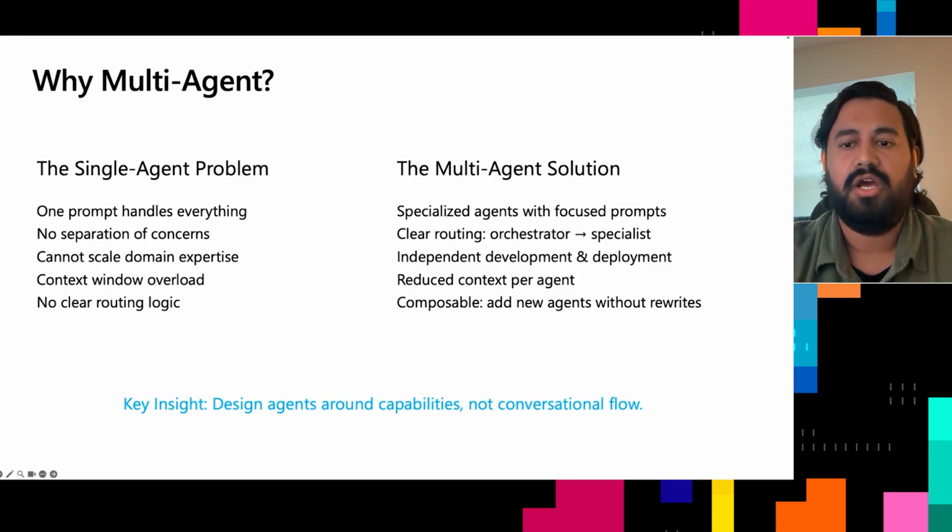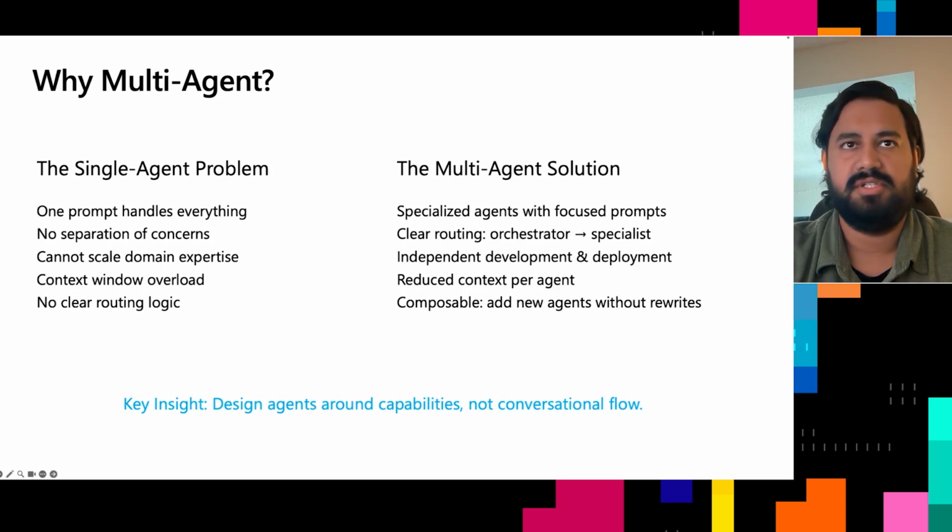First, each agent has a smaller, more focused context, so it reasons better. Second, you can develop and update agents independently. Adding a new specialist doesn't require touching existing ones. Third, it's composable. You can plug in new capabilities without rewriting the whole system.